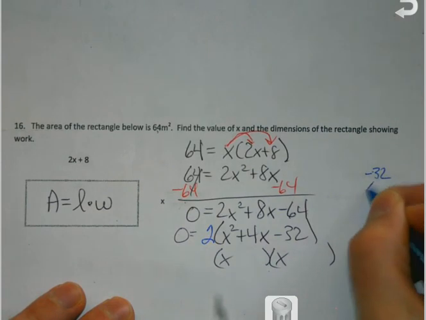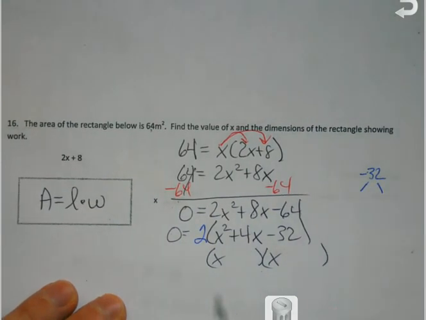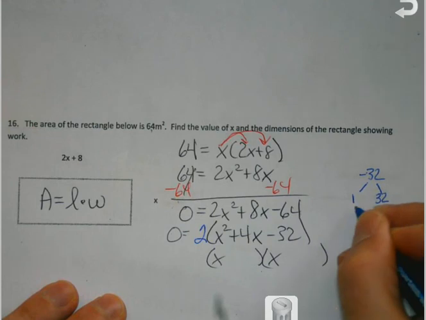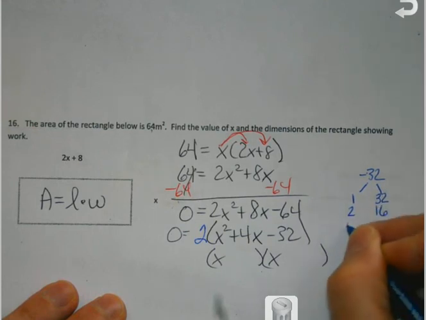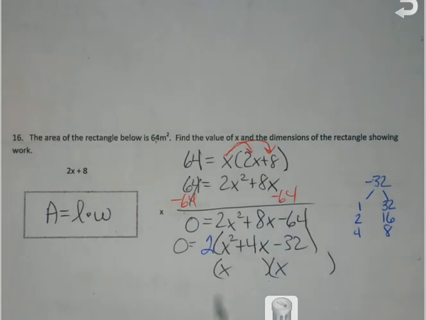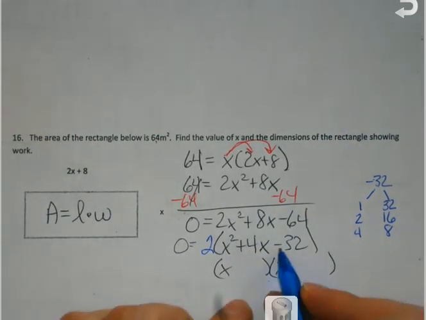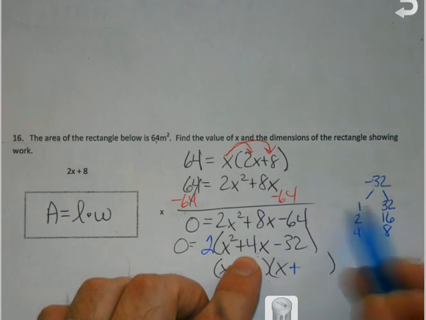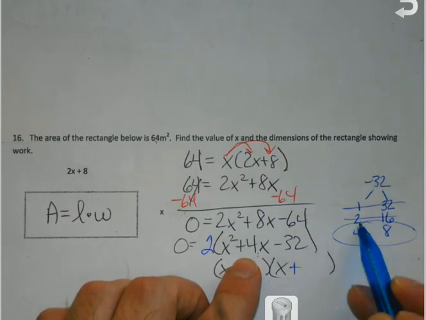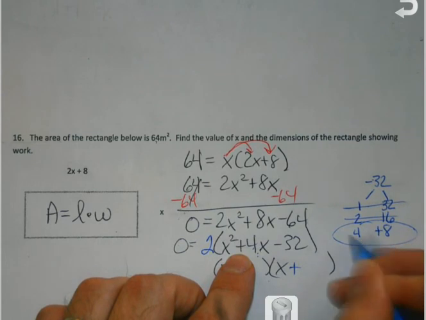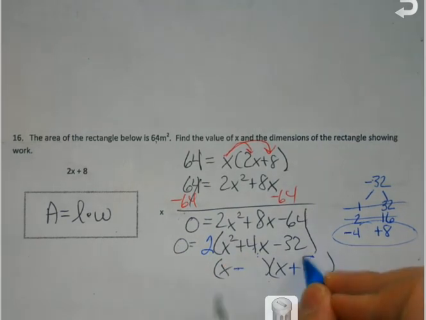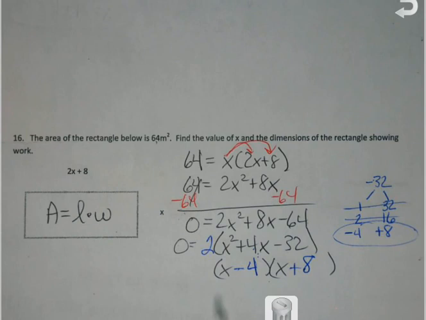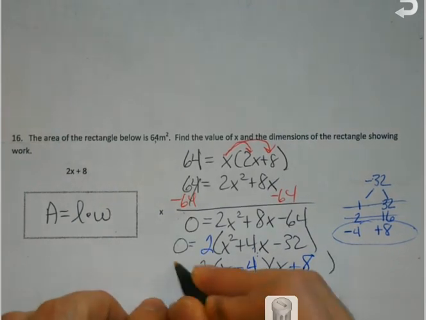And again, if this is not your strength, take the calculator, divide numbers in, and make yourself a list until you've got a little of everything, and then you just go, okay, I know that being negative 32, I'm going to have one of each sign. So when I put the negative on, I need 2 of these to be 4 apart. 1 and 32 are not 4 apart. Nope. These are, but I want it to be positive 4. So the positive number has to be bigger. Set those equal to 0.